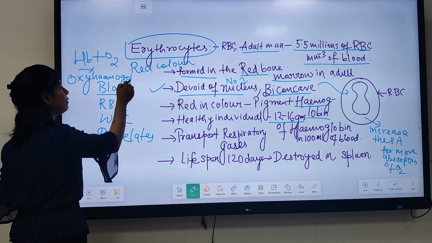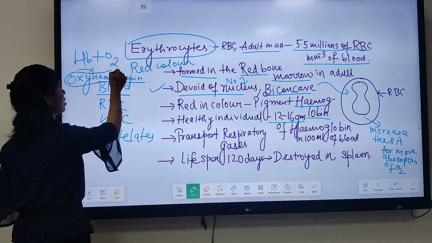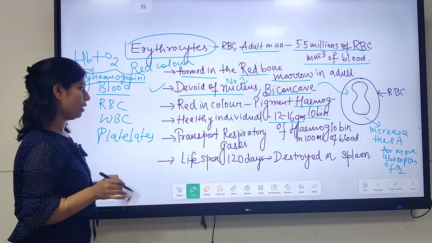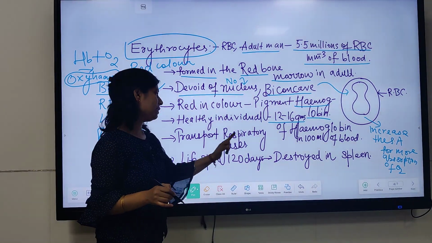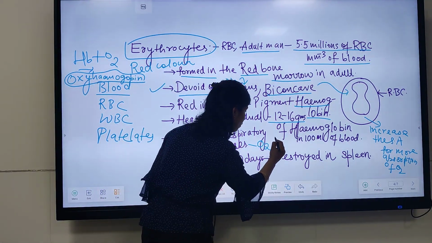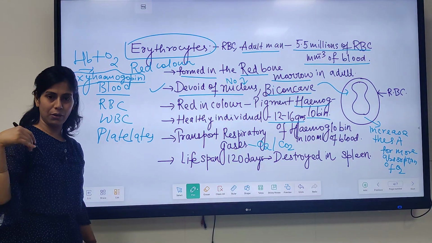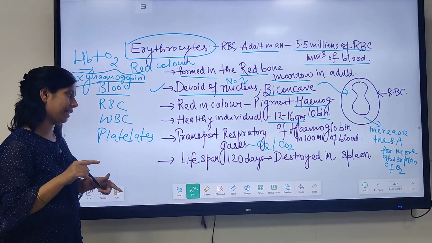In this form, the oxygen will be transported inside your body. So transport of respiratory gases is possible. Respiratory gases are O2 and CO2. CO2 has to be eliminated outside your body and O2 has to be taken in.